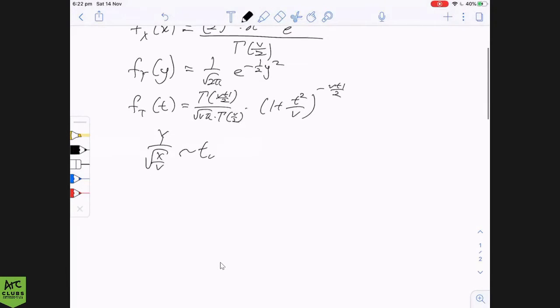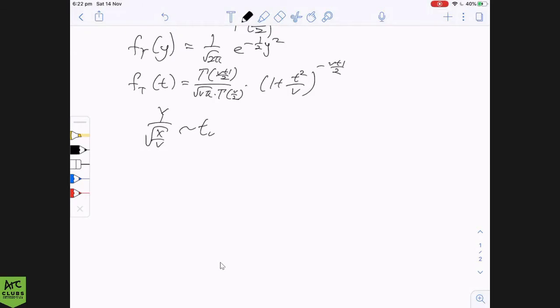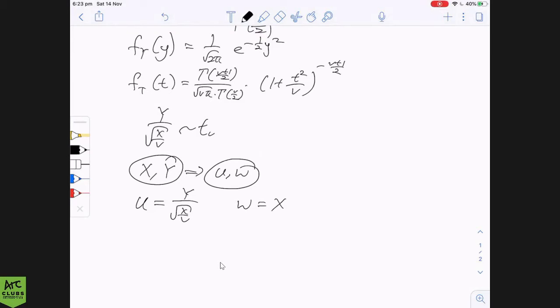What we need to do first is to use a technique called bivariate transform, which basically means we're going to take two variables X and Y, and change them to U and W, where U is some function of X and Y and W is some function of X and Y. In this case, we want U to be exactly what the question asks for, which is Y over square root of X over v, and W to equal X.